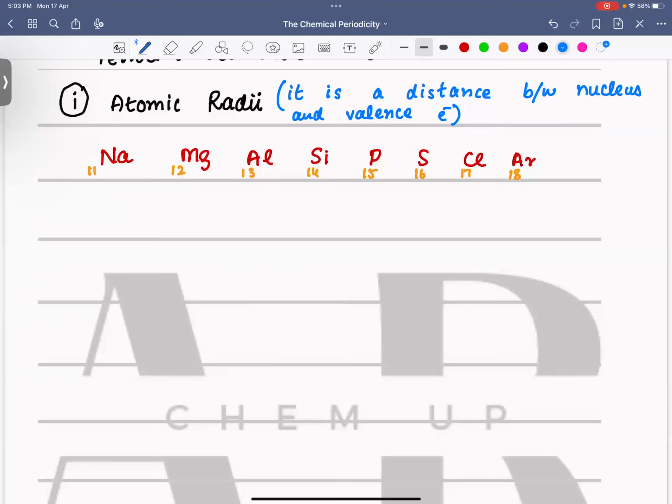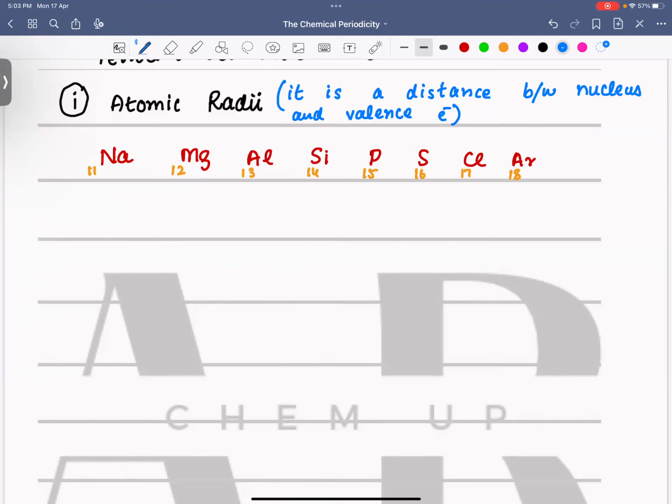But as the valence electron is in continuous motion, and if we talk about shell, shell is the way how the electrons are moving. There is no physical thing that is shell. It's an imaginary boundary.